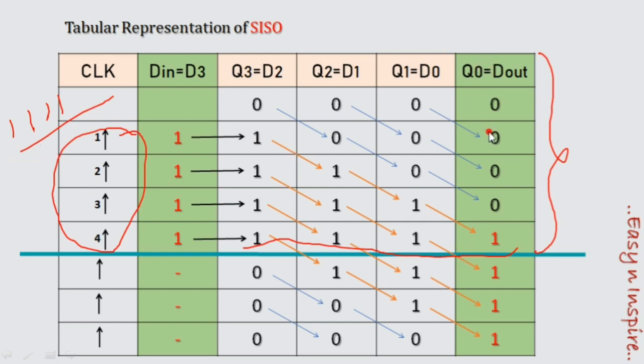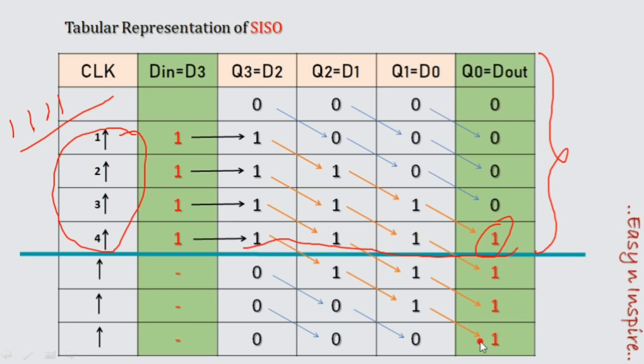This is my output, this is my input. I am giving 4 ones as input, but I got only 1, not the remaining 3. Data is stored, but output data is different from stored data. I have to get the remaining 3 ones.